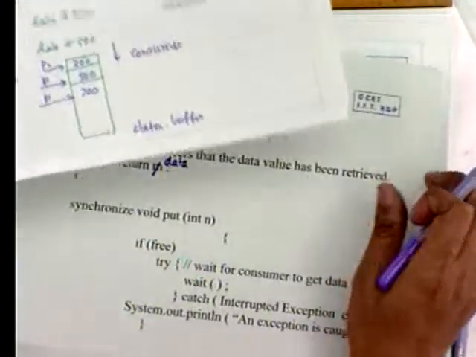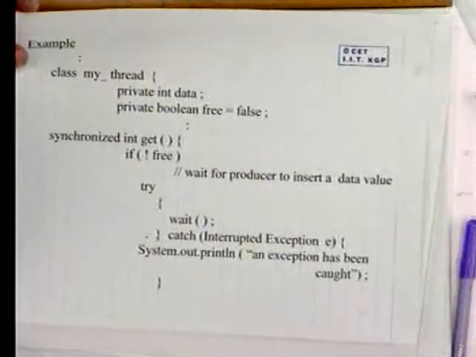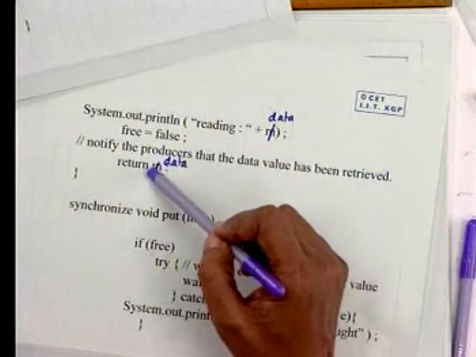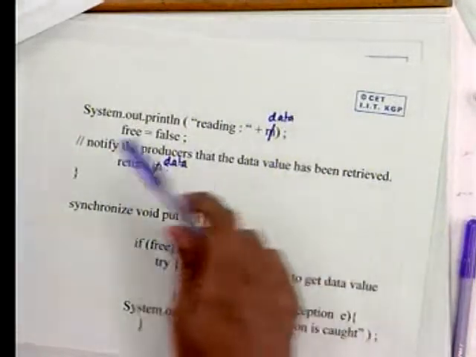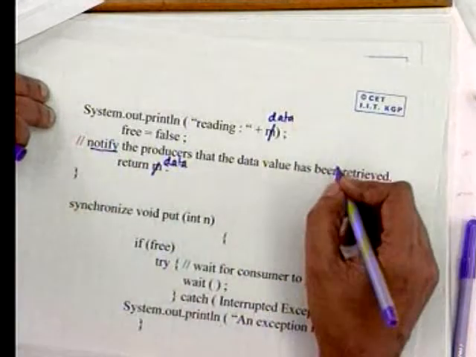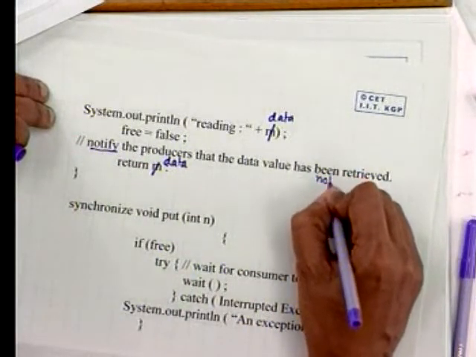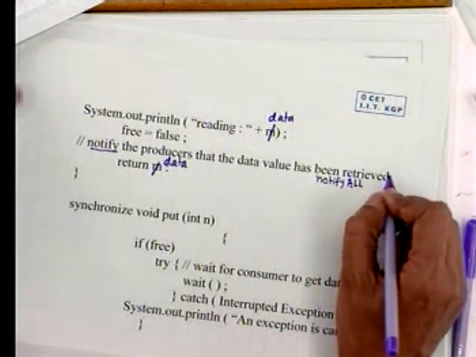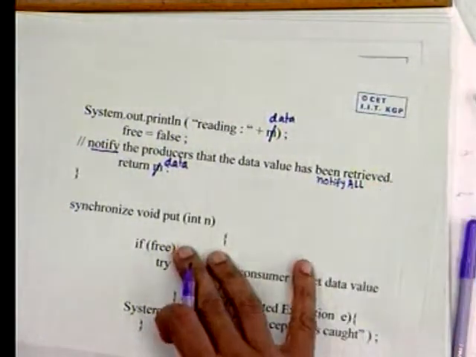Also you should note that in a synchronized method, the locks will not be released until the producer executes the notify method. So the producer should have a call here, notifyAll, like the consumer has done.